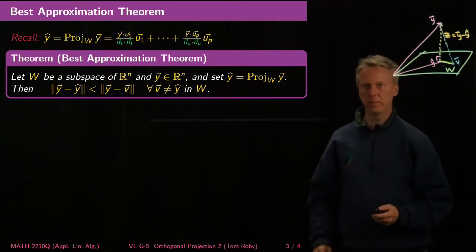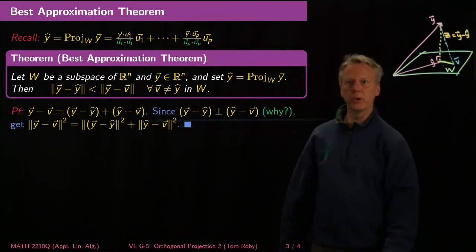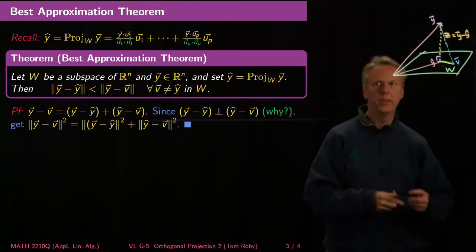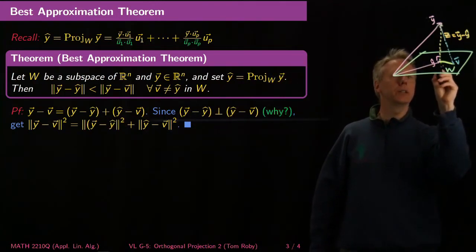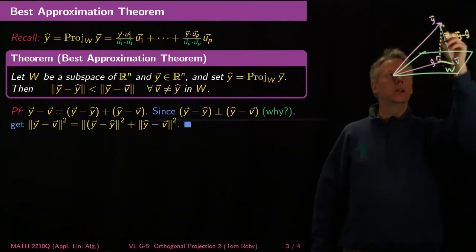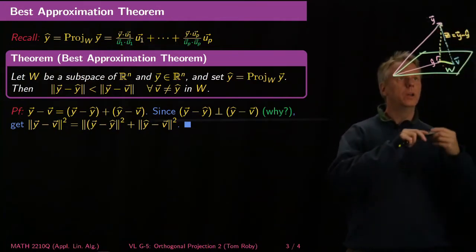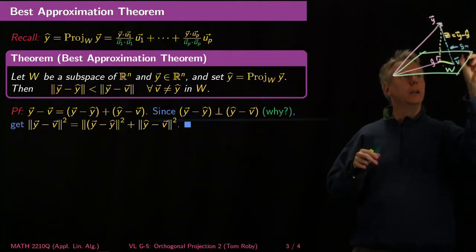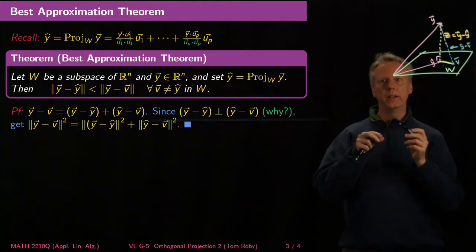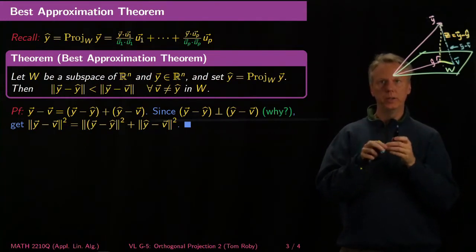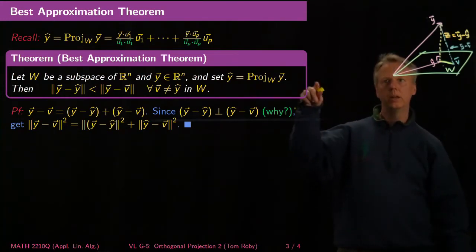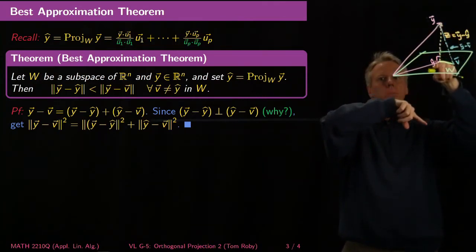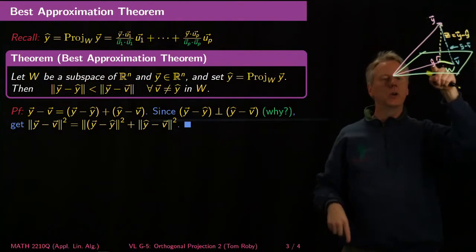So here's the proof. If I think about y minus v, that's this blue vector here. That's equal to y minus y hat, this vector, plus y hat minus v.